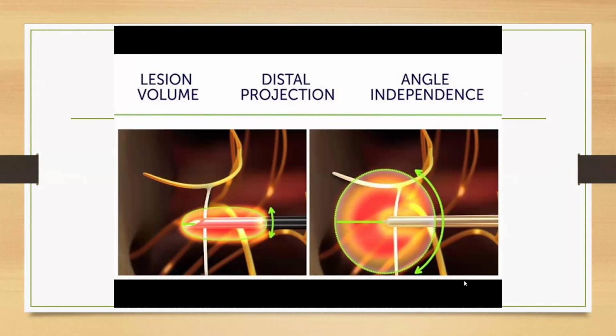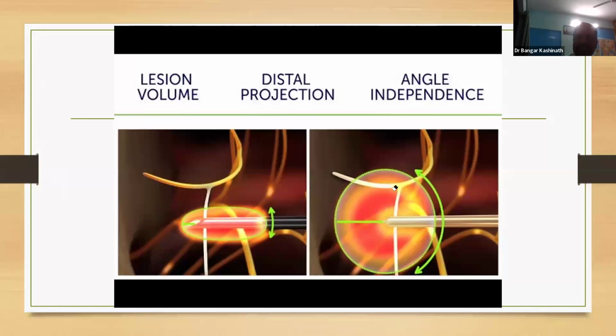Yes, sir. Anywhere the nerve is, if it is in the vicinity, even if it is parallel or perpendicular, it really doesn't matter. The lesion is bigger, goes beyond the tip, and is spherical. So cooled radiofrequency is directionally independent.